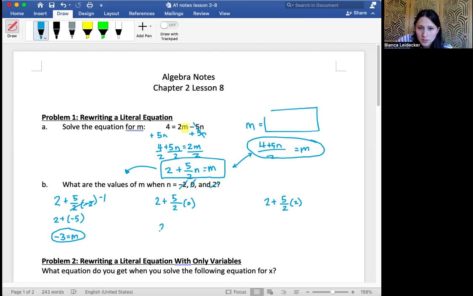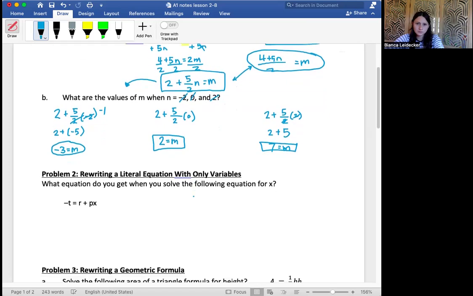So my second option is 2 equals m, because 2 plus 0 is just 2. Then my third option is 2 plus, these cancel out, 2 plus 5, which gives me 7 equals m. So those are my 3 answers for these different substitutes for n.